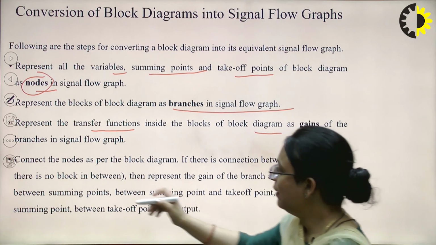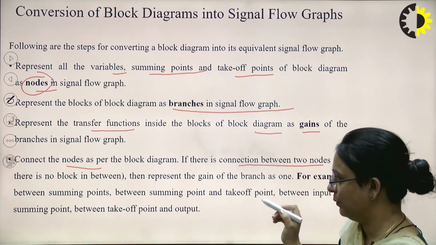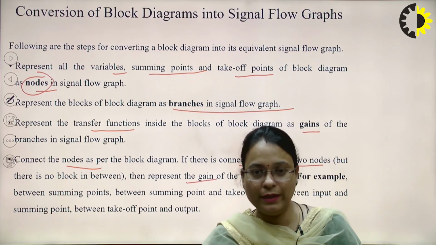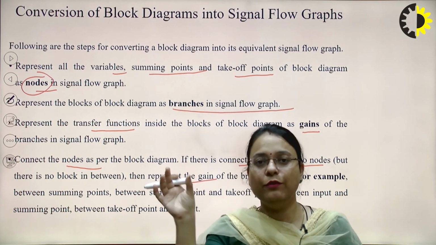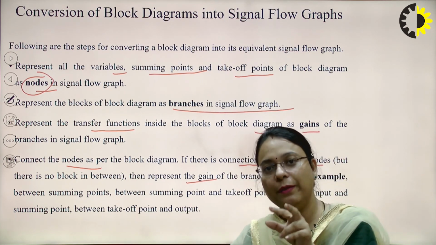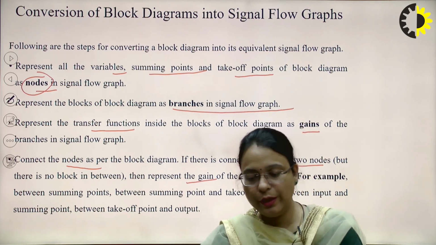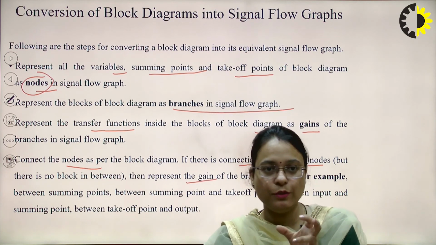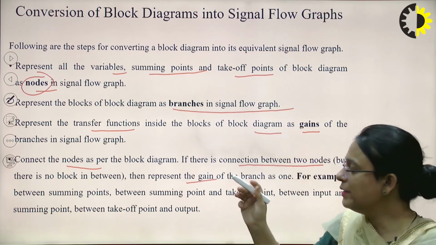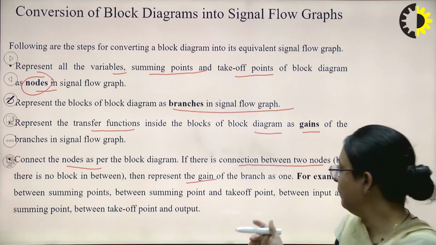Then the last one is to connect all these nodes as per the block diagram, and if there is a connection between two nodes, represent the gain of that branch as one gain. As in block diagram representation, if two blocks are connected in series, we can represent them with a single block by simply multiplying their transfer functions. So in the SFG also, we can represent the connection between two nodes with a single gain, and that gain will be the multiplication of the two gains.